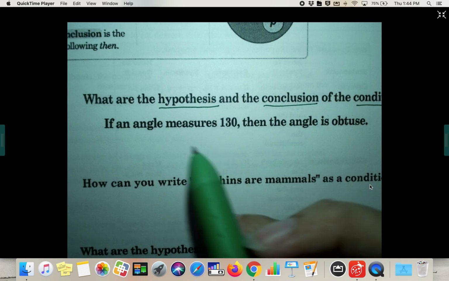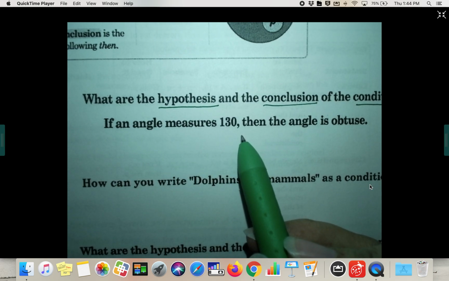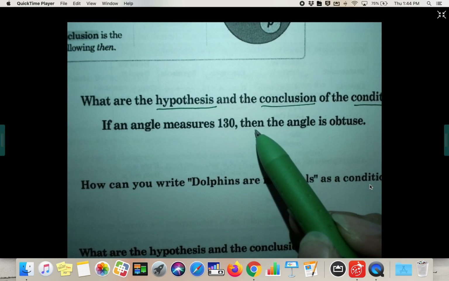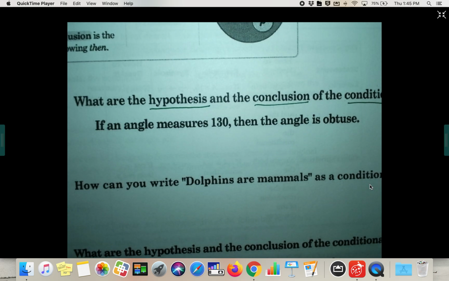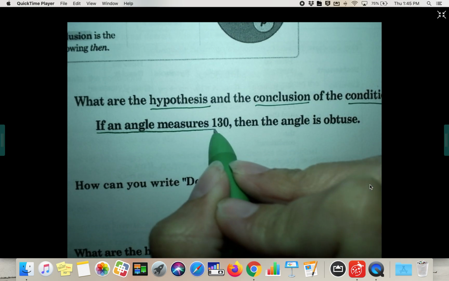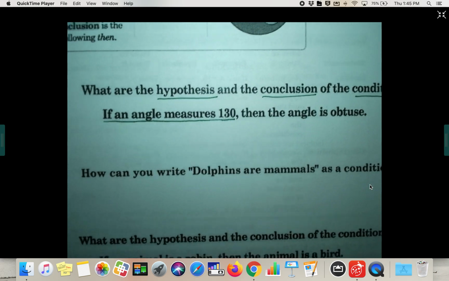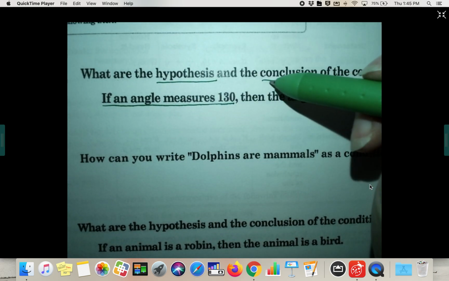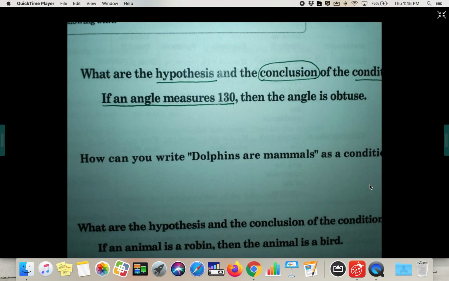So if an angle measures 130 degrees, then the angle is obtuse. Underline the whole if statement, which is if an angle measures 130 degrees.